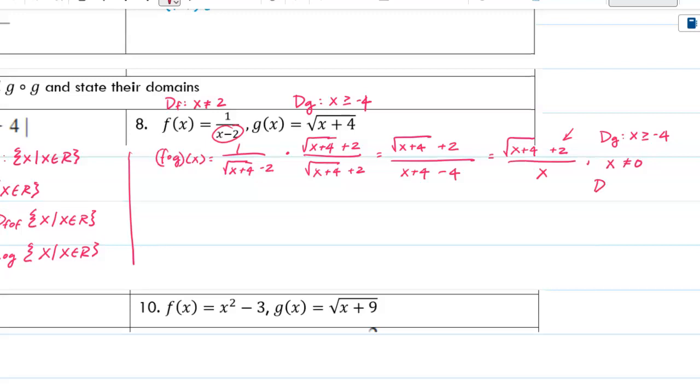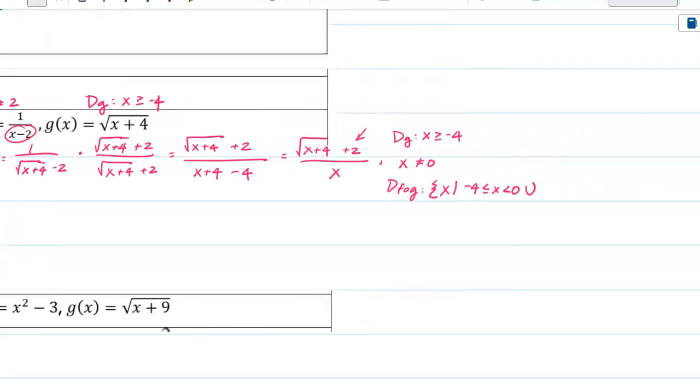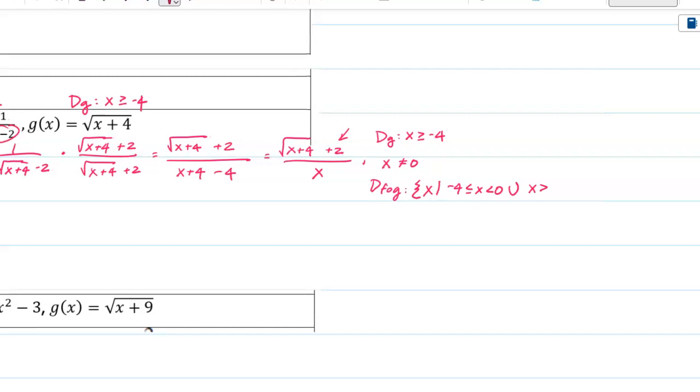So the domain of f of g is going to be x such that x is between negative 4 and 0, and the union x greater than 0.